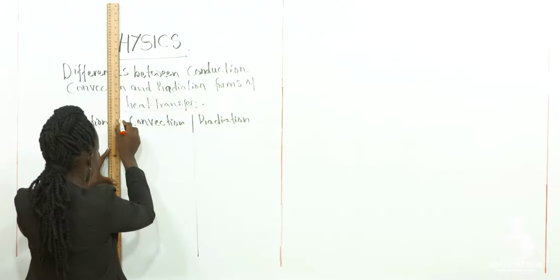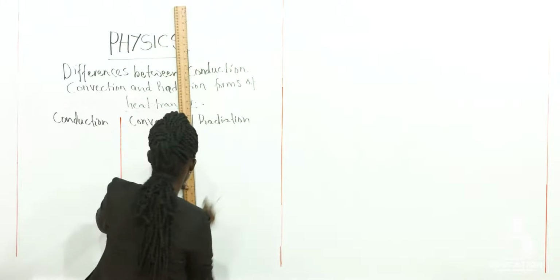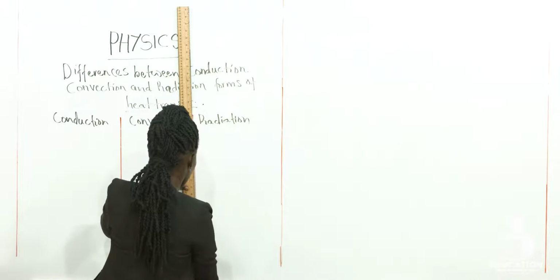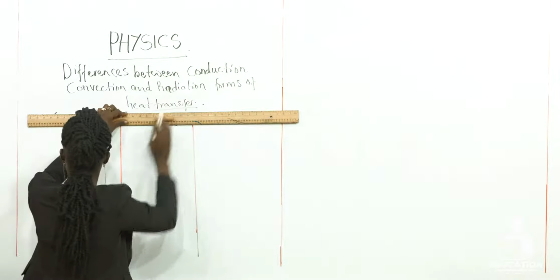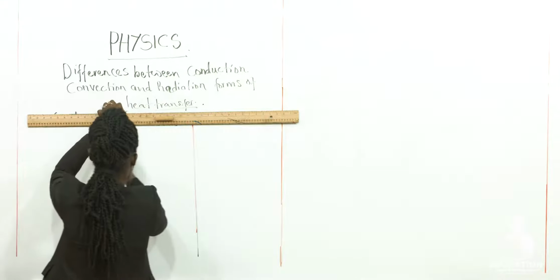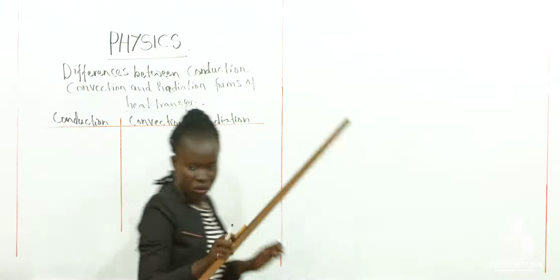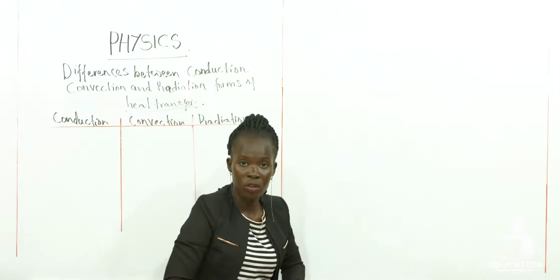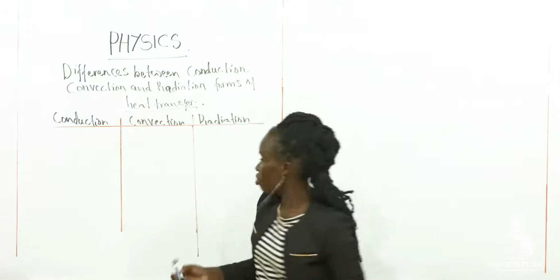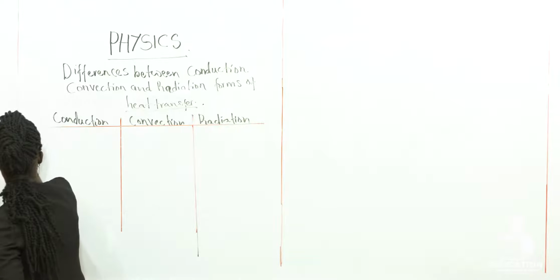This is to show us the differences very clearly. In the table we shall include conduction, convection, and radiation. So what is the difference there? The first difference comes from the way the particles are arranged in the substance. So here, it is very slow. Heat transfer here is slower.